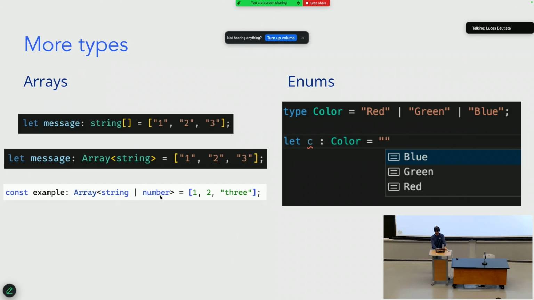So we can have string or a number inside of our array. And then enums. Enums are basically like an object that we're creating, except it can only take on certain values. So here in this case, we set it to red, green, or blue. So whenever we define some variable to be of type color, those are our only options.